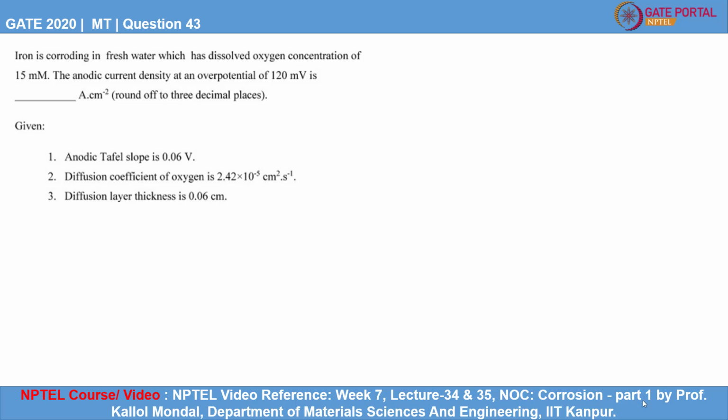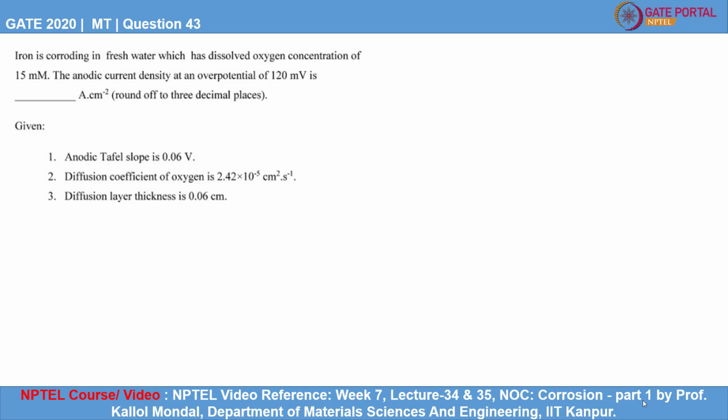GATE 2020 Metallurgical Engineering Question 43. Iron is corroding in fresh water which has dissolved oxygen concentration of 15 millimole. Find the anodic current density at an overpotential of 120 millivolt, given that the anodic Tafel slope is 0.06 volt.